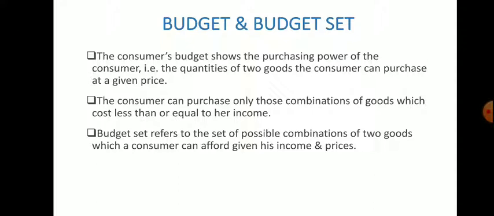Or else the person can purchase 9 units of X and 1 unit of Y, or else he can purchase, say, 8 units of X and 1 unit of Y also. At that time he requires only 9 rupees. So, he or she can purchase within that income or equal to that income, and whatever combinations he will get from that budget, those possible combinations will be considered as the budget set.